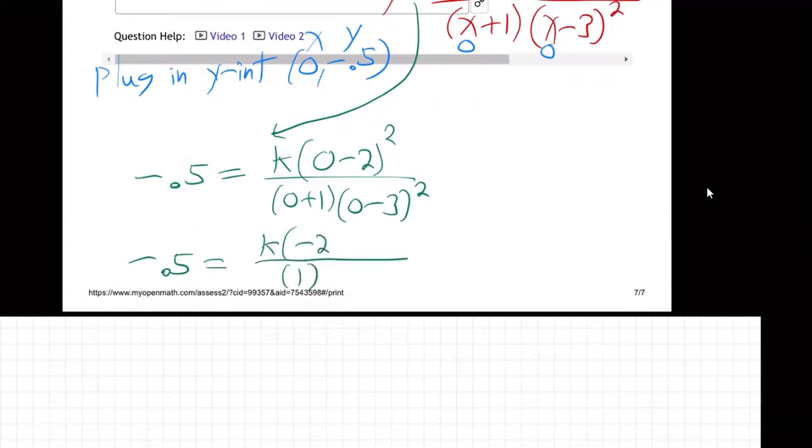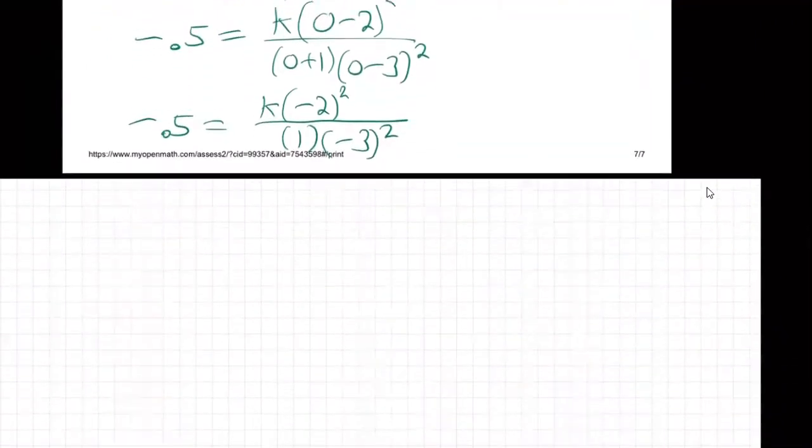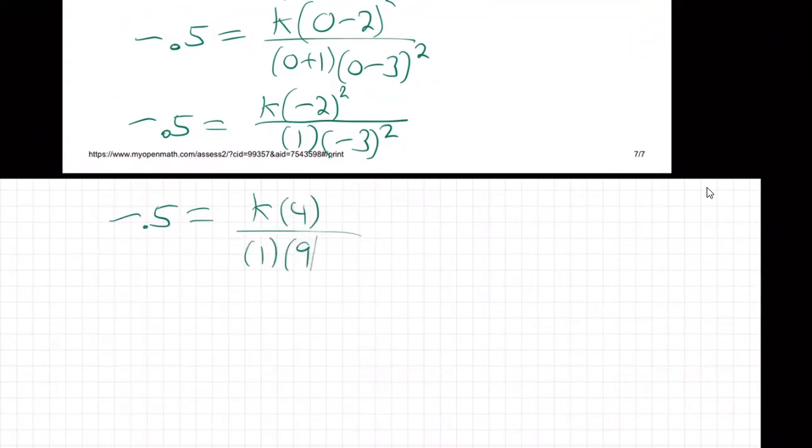On the top, that's minus 2 squared. On the bottom, it's 1 times minus 3 squared. Keep going. Negative 0.5 is k times 4 over 1 times 9, notice. So that's negative 0.5 equals k times 4 over 9.